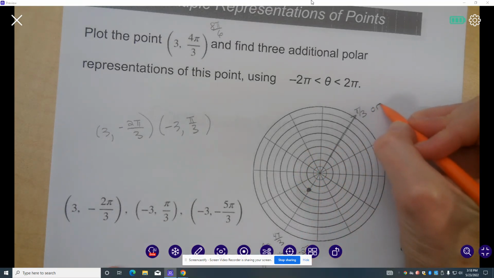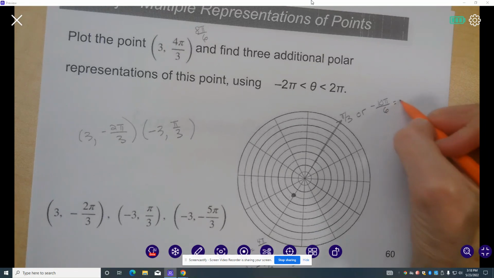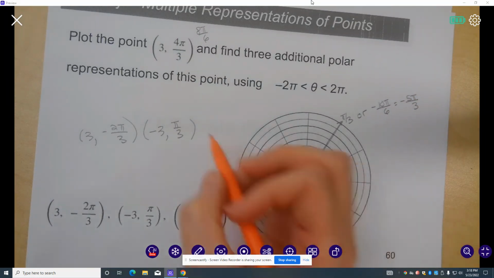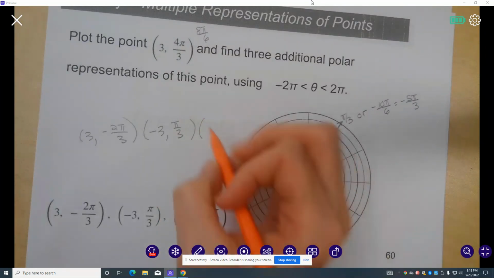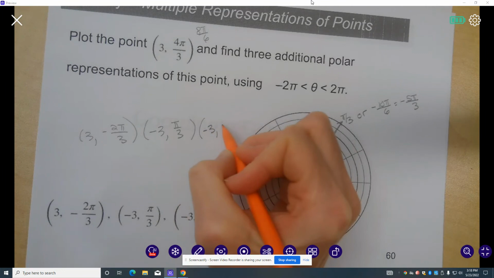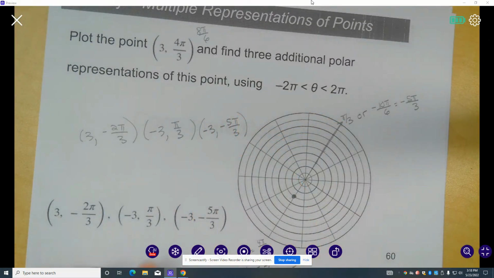So this angle could be pi over 3 or negative 10 pi over 6, which is the same as negative 5 pi over 3. So the third way I can represent this exact point is negative 3 again, and the angle would be negative 5 pi over 3.